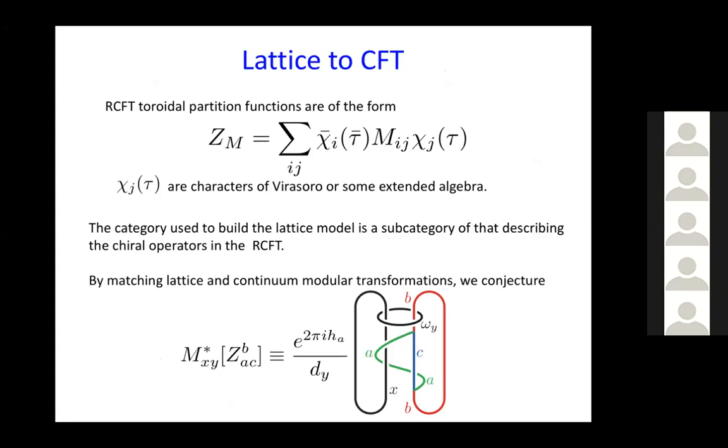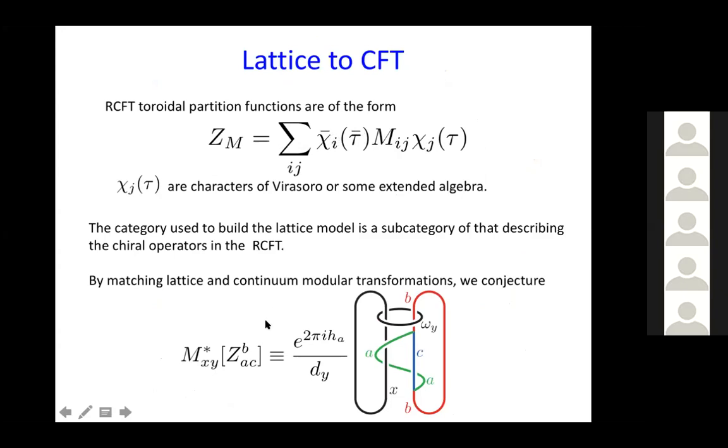What we conjecture is that if you take a partition function of a conformal field theory, which is written in this form, these are characters of some extended algebra, and M is some matrix with integer coefficients, symmetric typically, to give you the partition function of this conformal field theory on a torus.